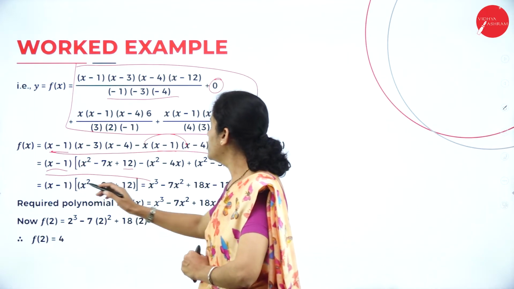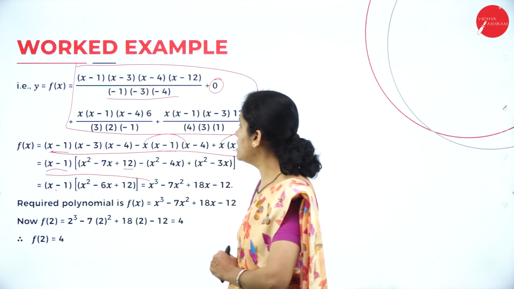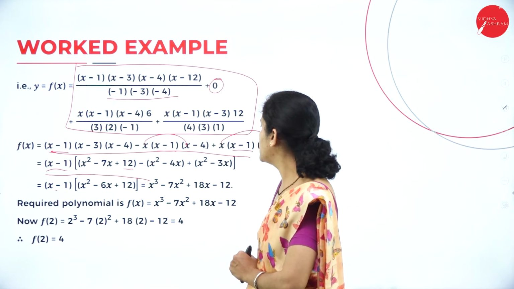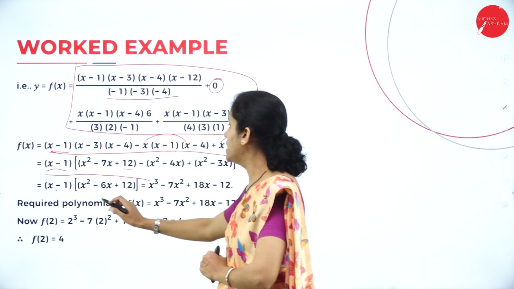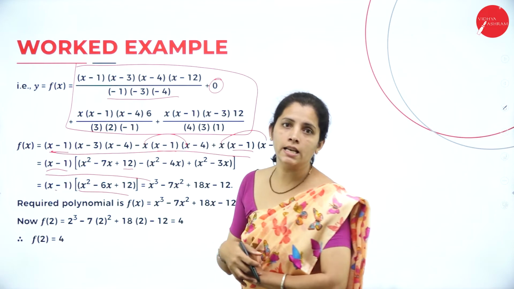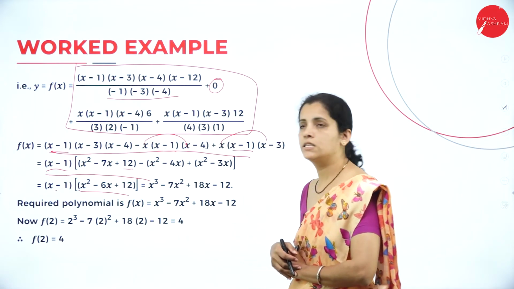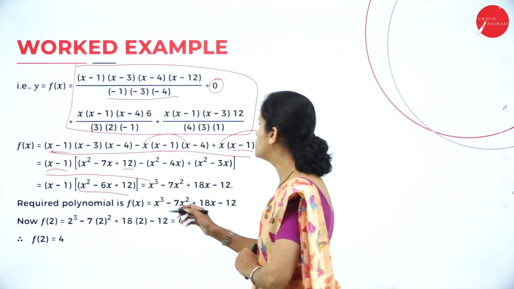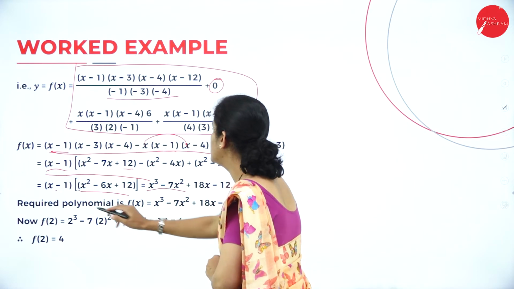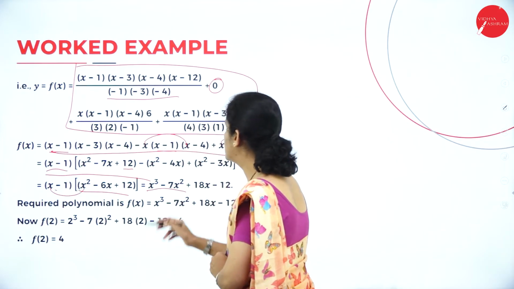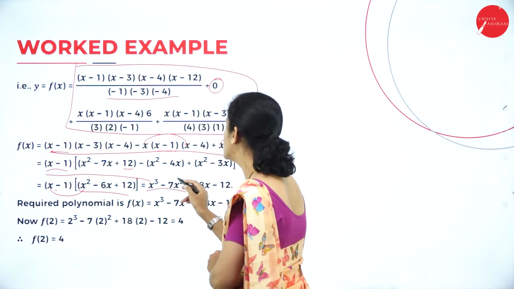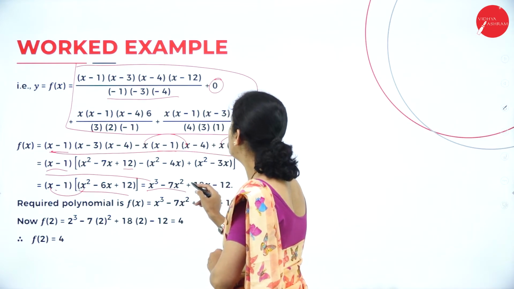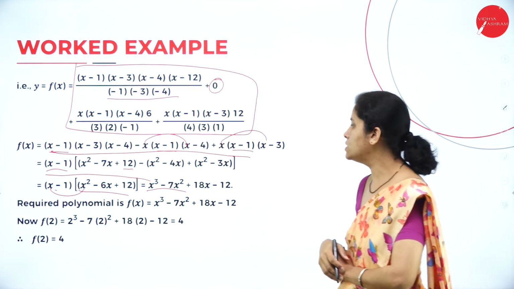Now here I have x minus 1, so I'll take x minus 1 outside. Then after simplifying this one, I'll get x square minus 6x plus 12. Which is nothing but, see here, x cube minus 7x square plus 18x minus 12.